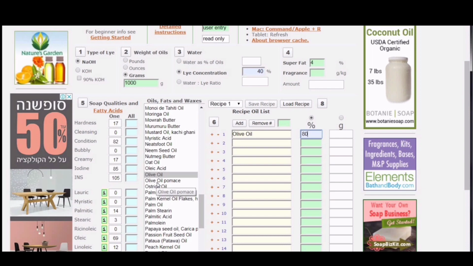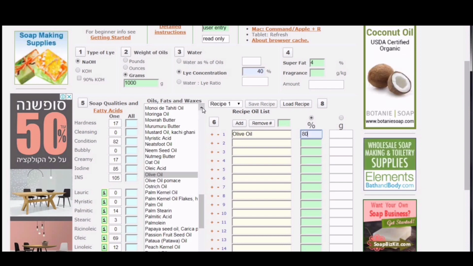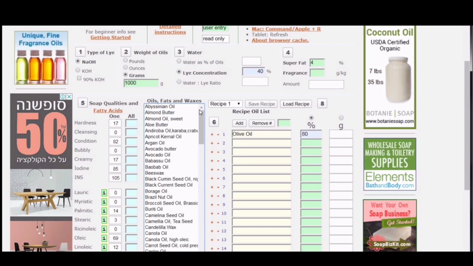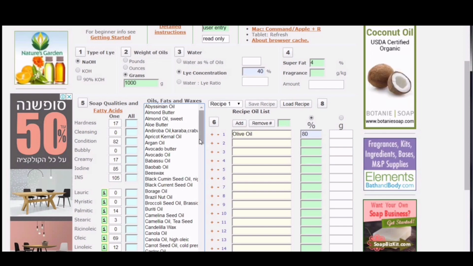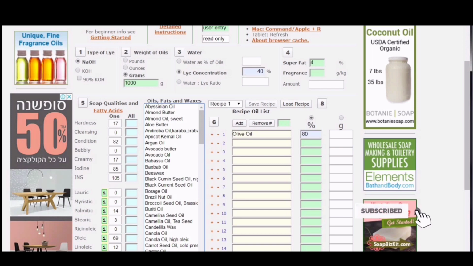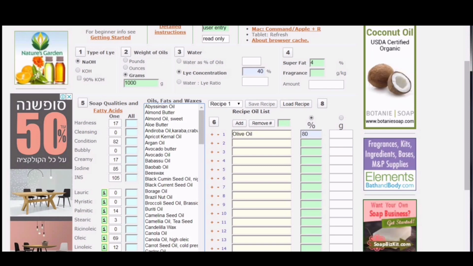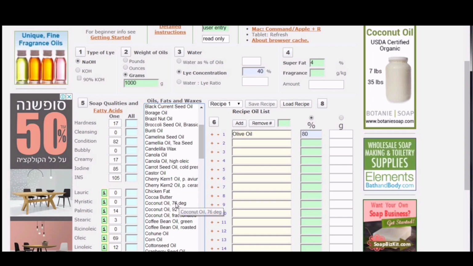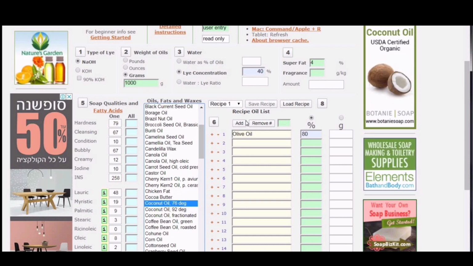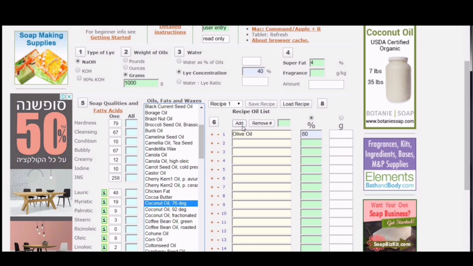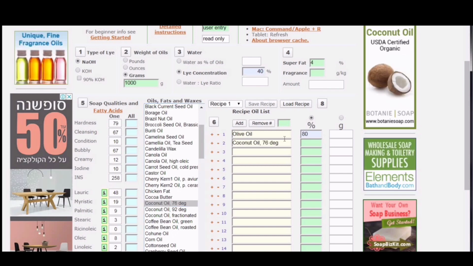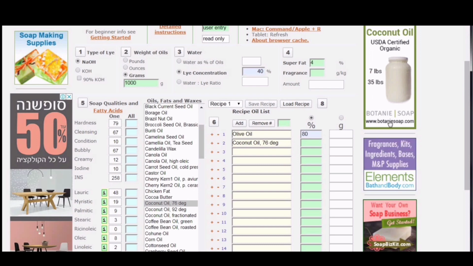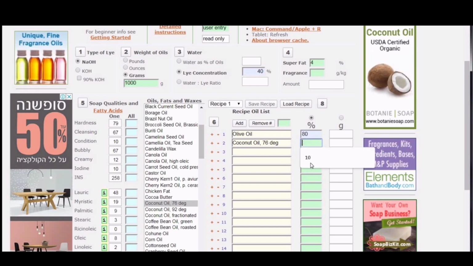And the next one is coconut oil, and basically we have two melting degrees here for coconut oil, and I love to use the one that melts at 76 degrees, which is always very suitable for making your soap. And that is at 10%.